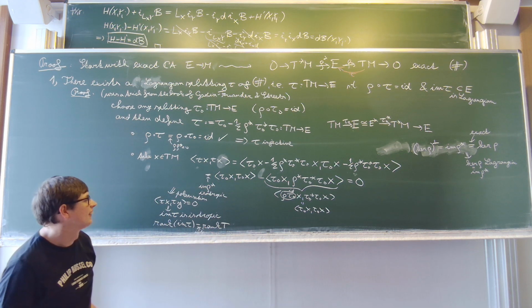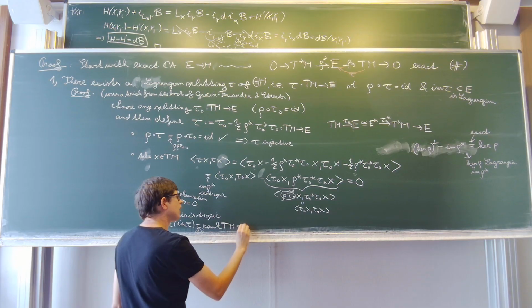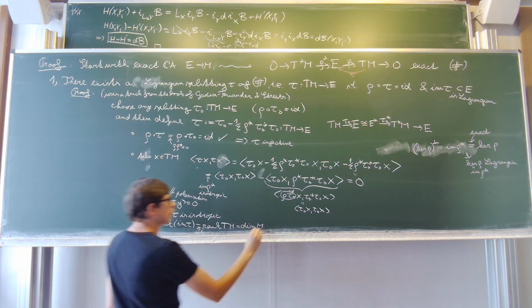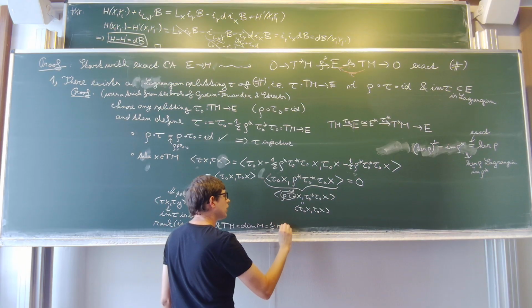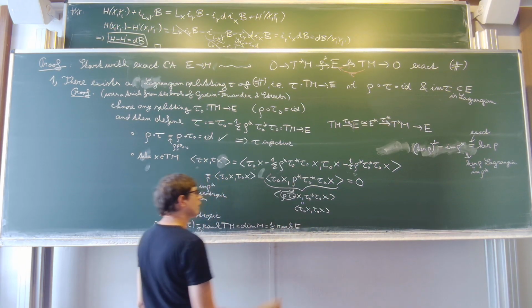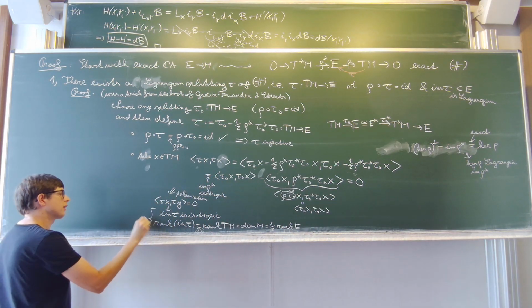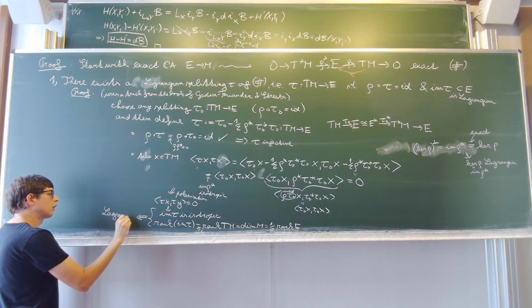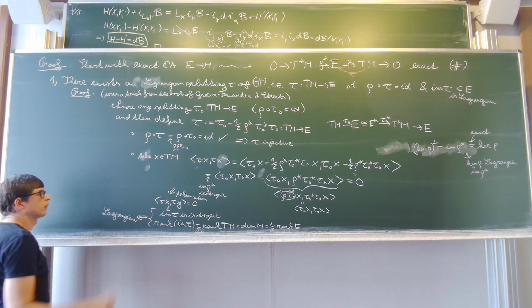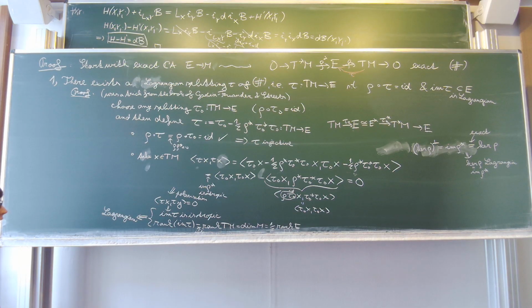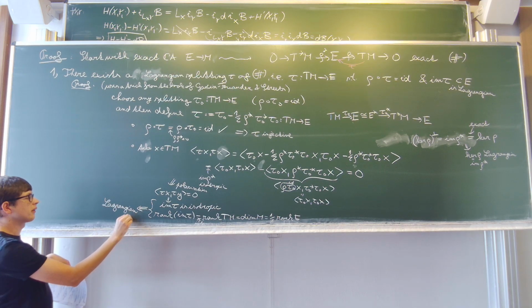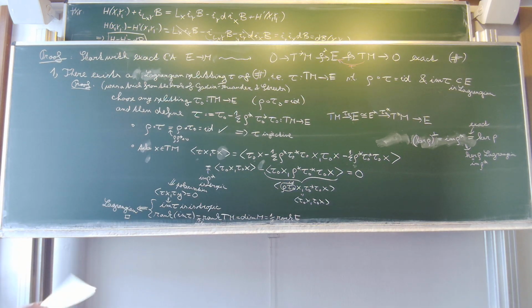Which is the dimension of n, which is precisely half of the rank of the whole thing. So these two things together tell me that it's actually Lagrangian, because Lagrangian is isotropic and half-dimensional. So that's a small square at the end of this part of the proof.